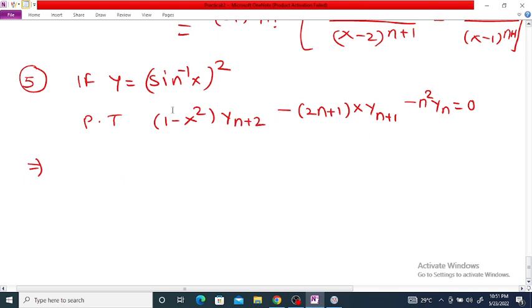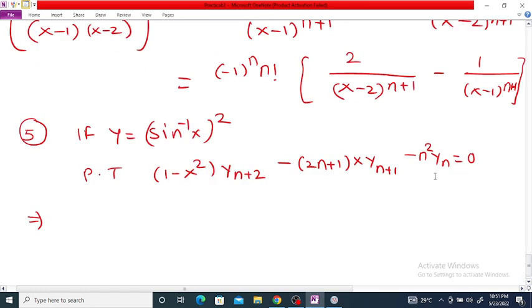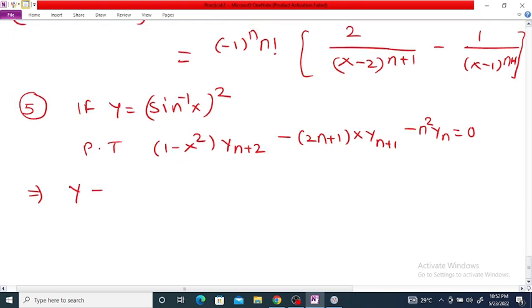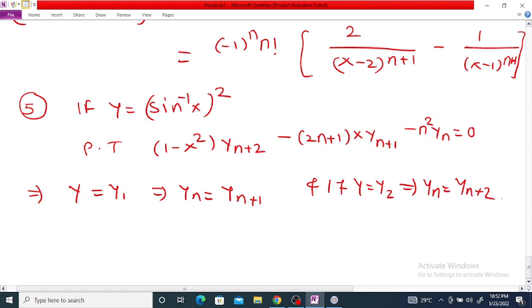So now here we are going to use the Leibniz rule, and here we want to prove yn plus 2. So we want the term y2 first, and then we are going to take the nth derivative. If y is equal to y1, then yn is equal to yn plus 1 first of all, and if y is equal to y2, then yn is equal to yn plus 2. Remember this thing.